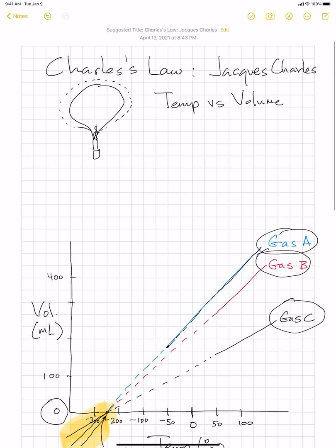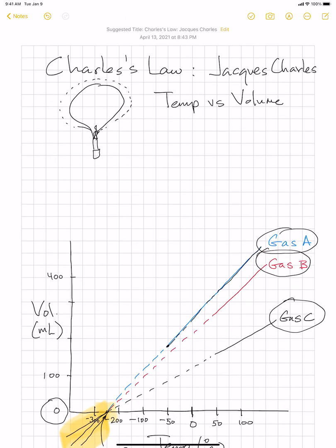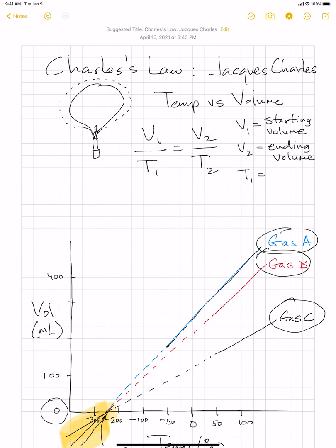Charles' law looks like this: V1 over T1 is equal to V2 over T2, where V1 is the starting volume, V2 is the ending volume, T1 is the starting temperature, and very importantly, that temperature must be in Kelvin for this proportionality relationship to exist.